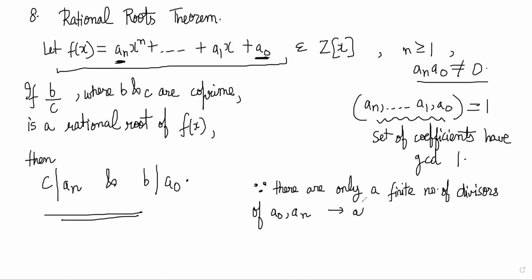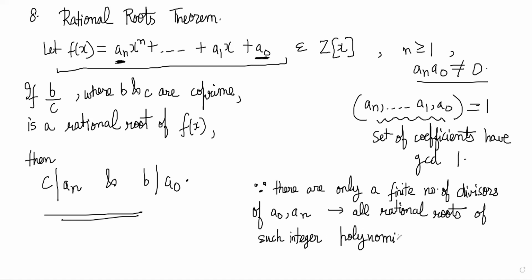So all rational roots of such integer polynomials can be found, because you can just list down all the possible divisors of a_0 and a_n and try to form possible rational roots.